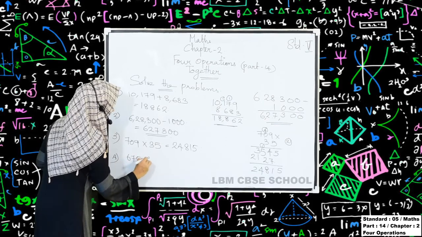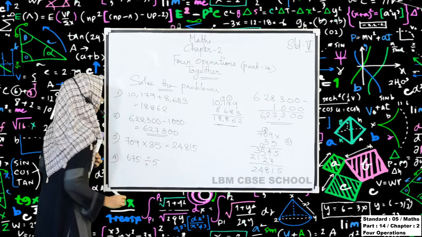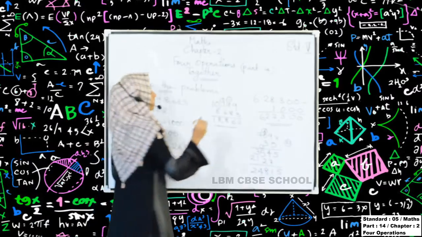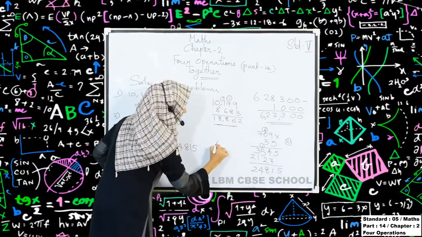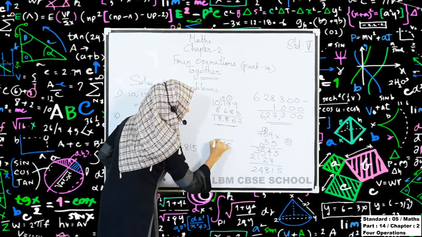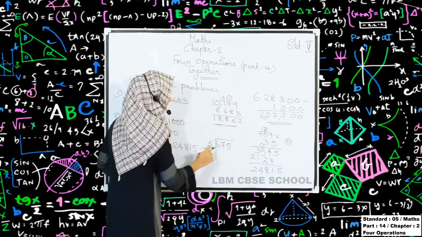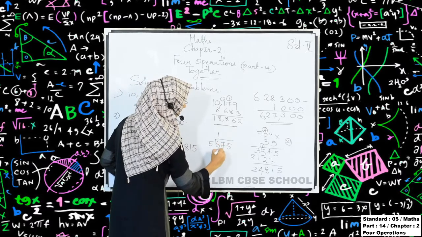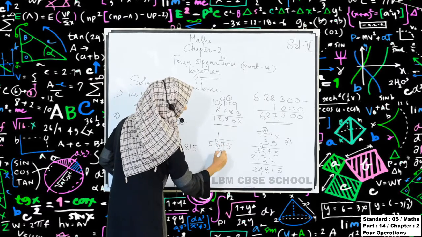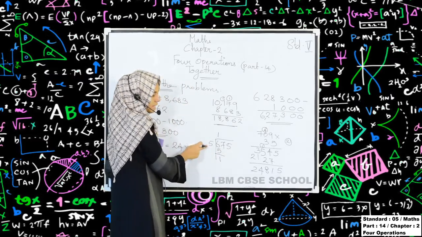675 divided by 5. 5 ones are 5, isn't it? Then 6 minus 5 is 1. Then 1 is less than 5.